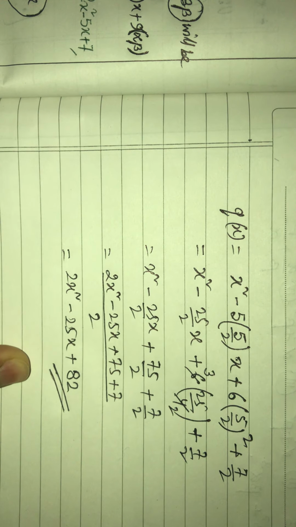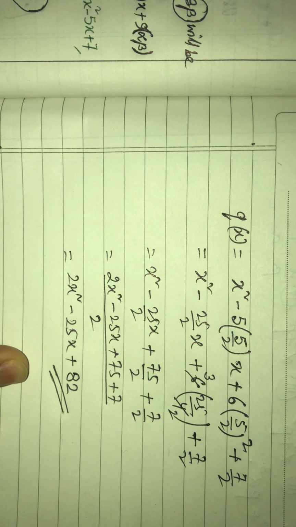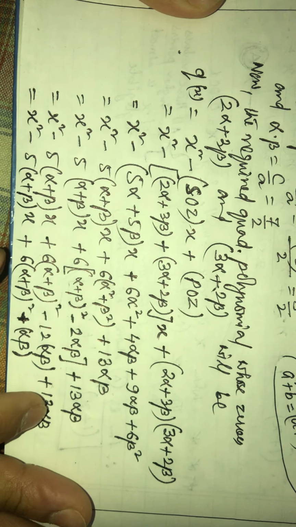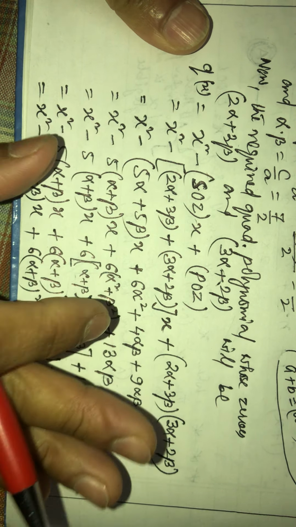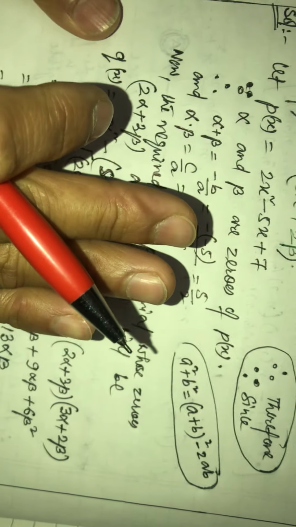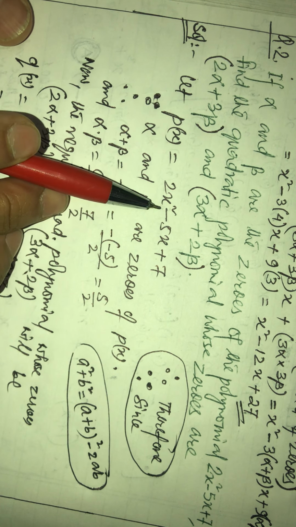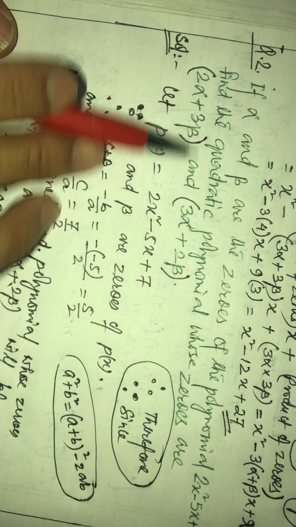This is a little bit bigger, we can say lengthier, but please try to learn this particular solution. As I told you, this could have been done the shorter way, by finding its zeros, splitting the middle term and putting those values alpha and beta here.